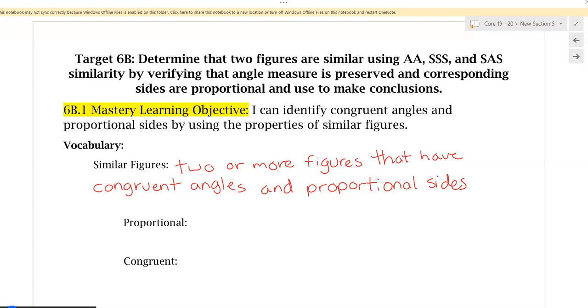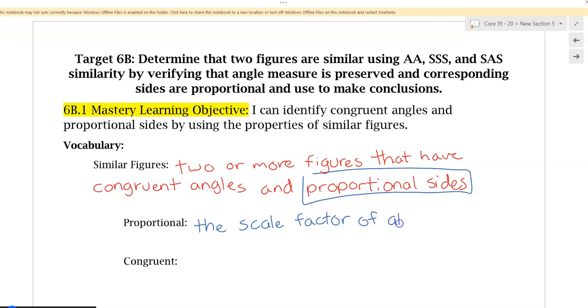So what do these things mean? Well, proportional sides. Proportional means the scale factor of all sides, the scale factors of all sides are equal.